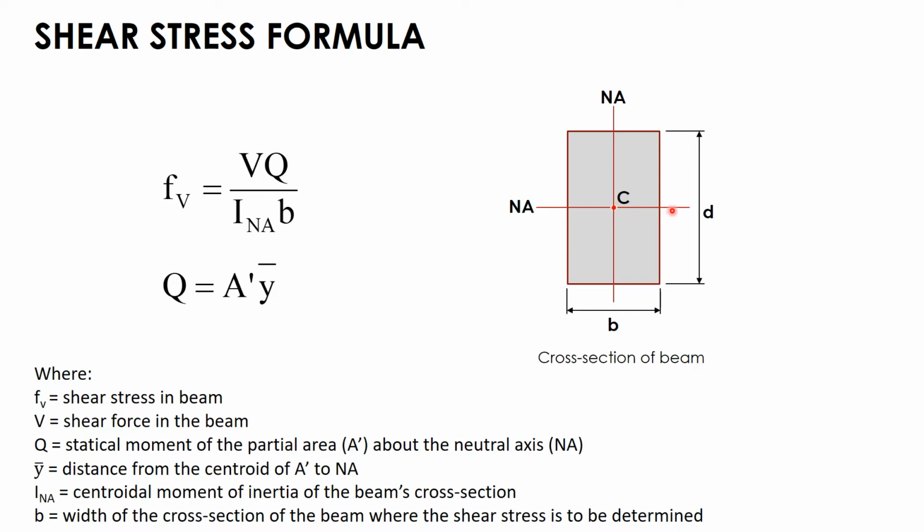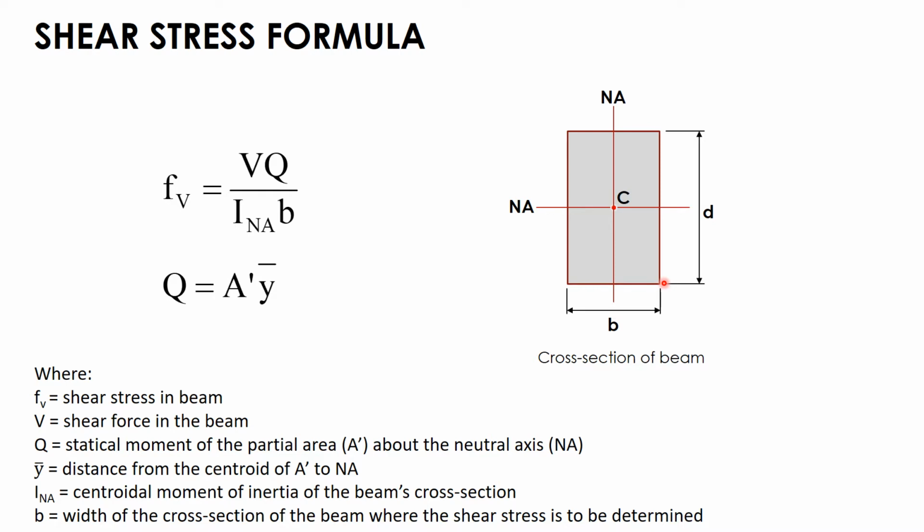In the case of a rectangular section, it is easy to locate. Along the vertical axis, it will just be half of the depth either from the top or from the bottom, so this will be D over 2 and this is also D over 2. So it is midway. Then along the x-axis or horizontal axis, this is B over 2 from the left side and B over 2 also from the right side.